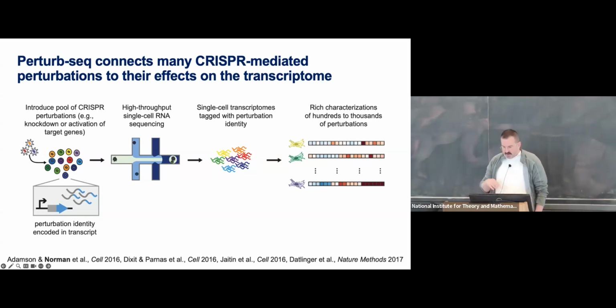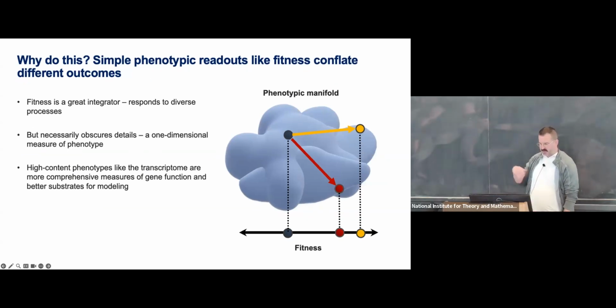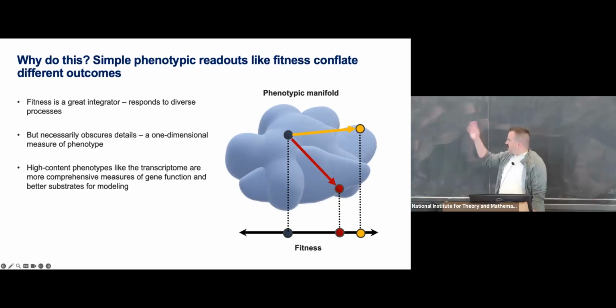In preparing for this talk, I dredged up this old slide from my postdoc, when we were first justifying this approach, which is: why do this complicated single-cell RNA-seq readout? The classic way that you do a CRISPR screen is by fitness, which is an extremely simple and parallelizable readout.